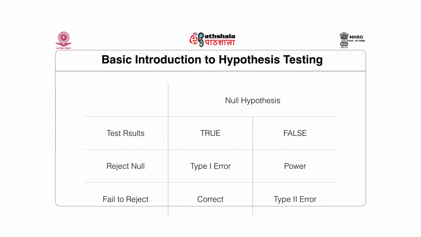Then, on that basis, I have put together 4 cells. In the top left-hand cell, I have considered the fact that I can end up in my test results and in my decision making a situation that I have decided to reject the null hypothesis and claim that the null hypothesis is false.